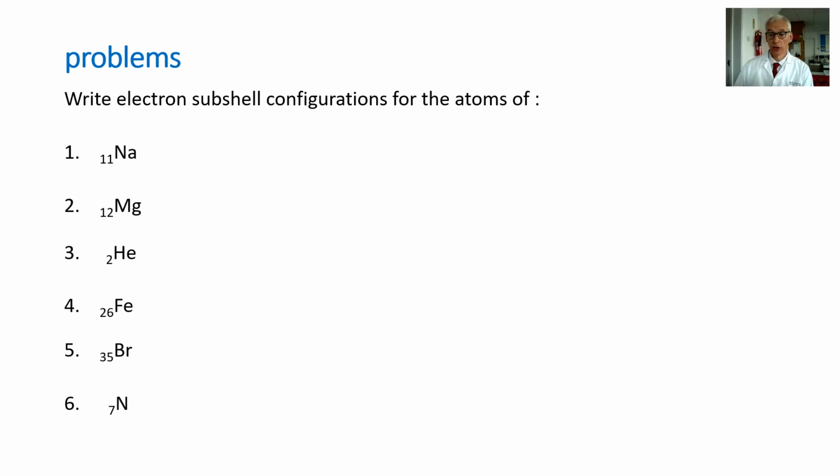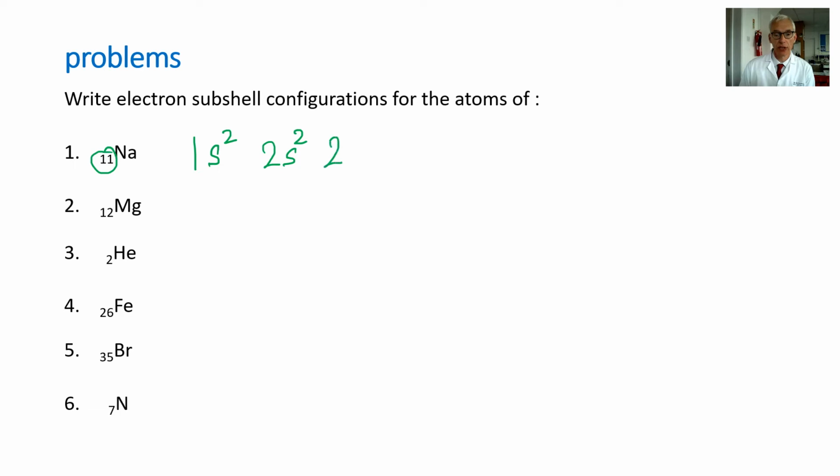So let's do some problems writing electron configurations in terms of subshells. If I model the first one, which is sodium, well, sodium has got 11 electrons. So I write the lowest energy subshell, 1s, and I put 2 electrons in that. That's the capacity for an S subshell. The next lowest energy subshell is 2s, also has room for 2 electrons.